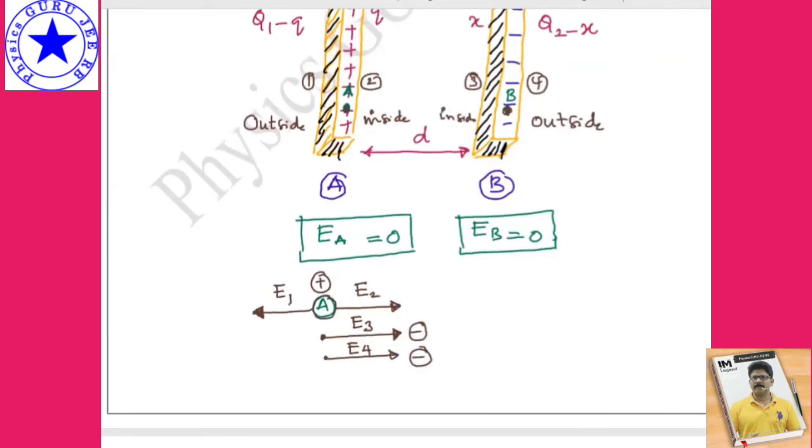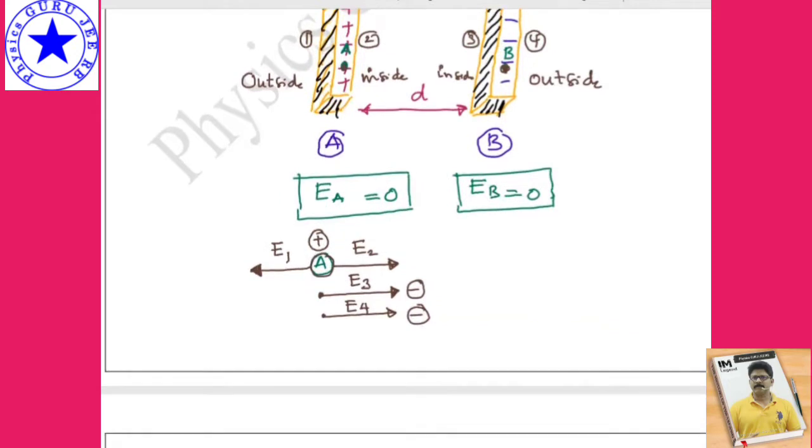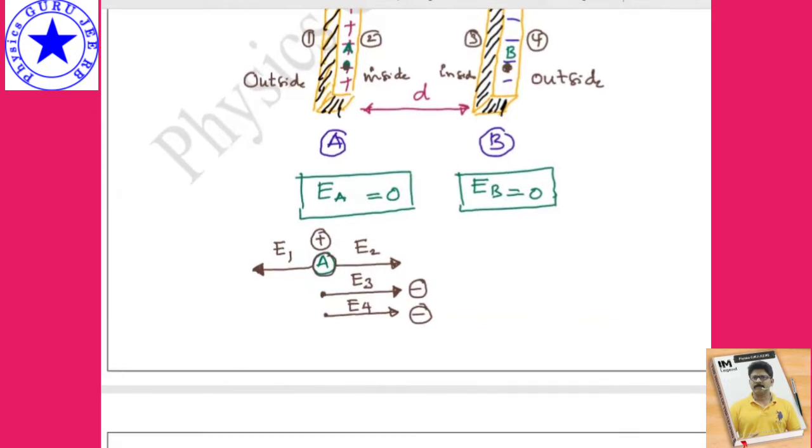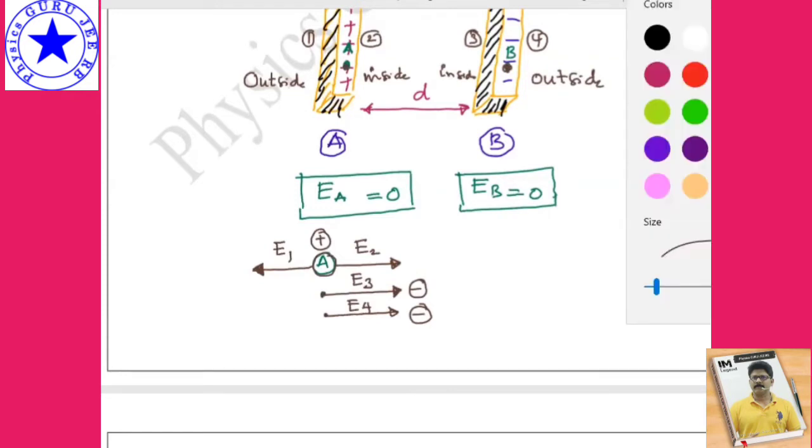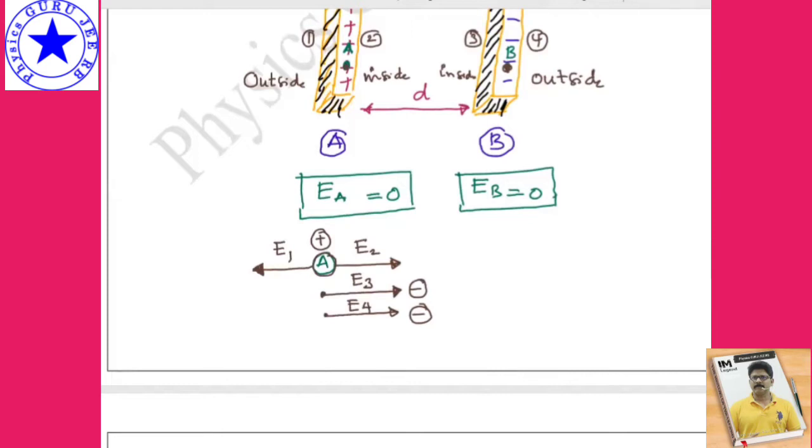Now we can write this for plate A, and similarly I would like to write it for plate B, the second plate. When I take plate B, it is negative.